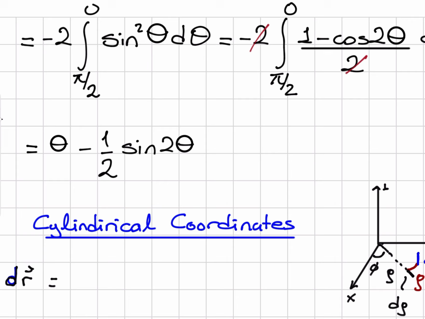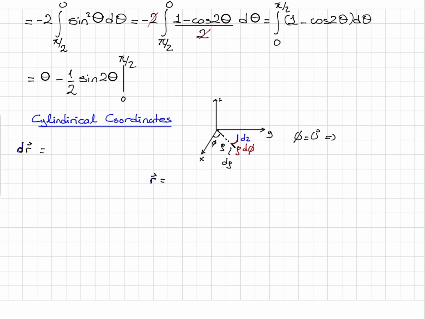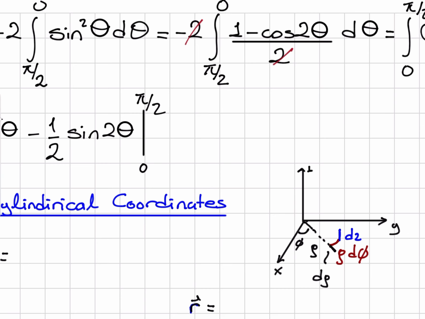And this will be evaluated between 0 and pi over 2. Okay, so this is going to give me an answer of pi over 2 minus 0. And this is going to give me sine pi and sine 0, which is 0. So this turns out to be pi over 2.